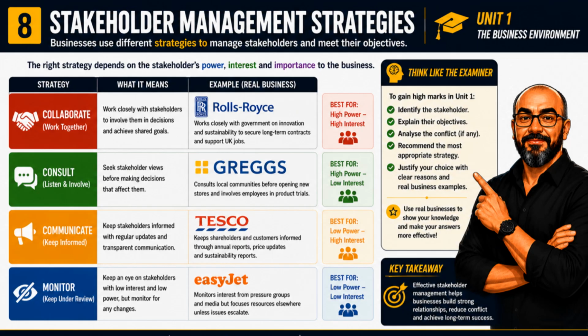You need to, as you're learning these topics, make sure that you can apply them to real businesses. Now, for those of you who are taking Unit 1 for the first time, Year 12, compared to those that are in Year 13 who have now done probably 2 resits, what you're going to understand is that contextual learning is really important. In Unit 1, Section B especially, you need to apply your answers to real businesses.